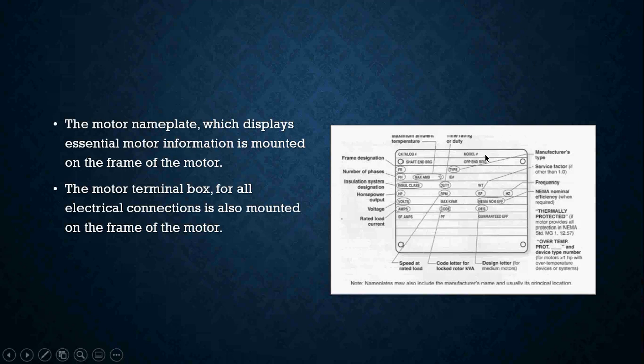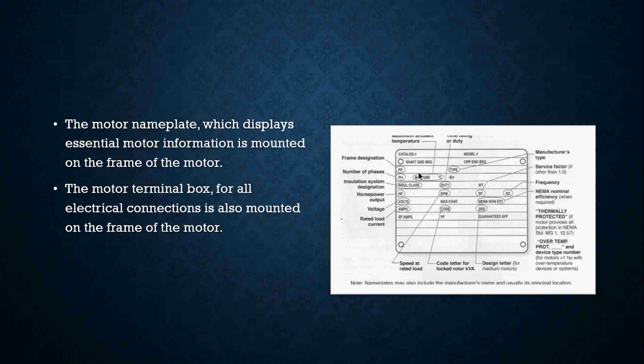Obviously, it's going to give us a model number, maybe a serial number. Depending on the manufacturer, it might even give you a catalog number for referencing. Sometimes they give you a maximum ambient temperature rating that the motor can be in.